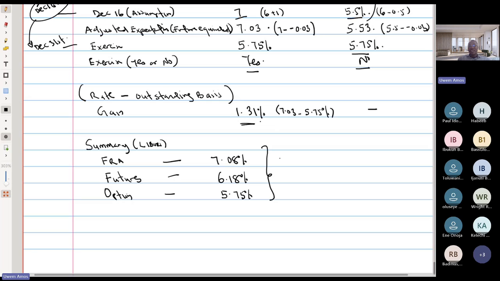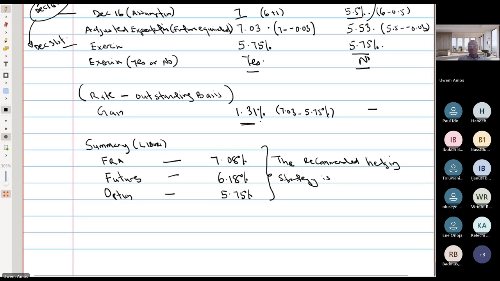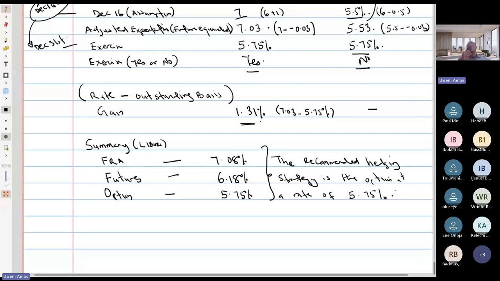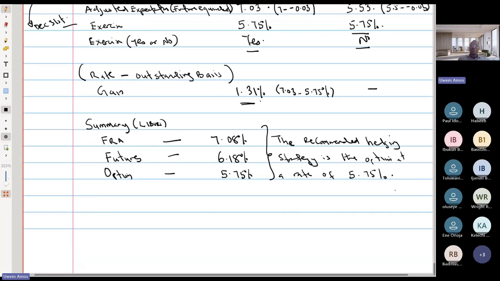So we can say, based on the three, that the recommended hedging strategy is the option at a rate of 5.75%. However, out of the three, the option will require that you pay a premium. So you need to account for that. You need to note that as well.